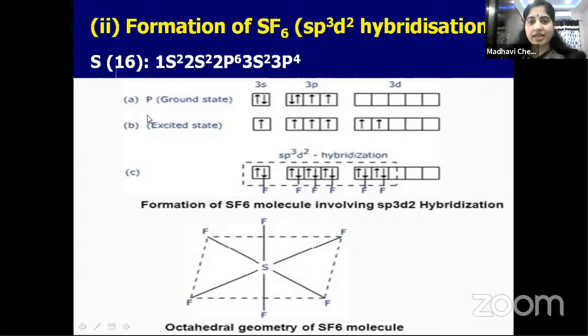Now see here, in the excited state, 3s is having one electron, 3p is having 3 electrons and 3d is having 2 electrons. Now what happens? One s orbital, 3 p orbitals and 2 d orbitals overlap and form sp3d2 hybridization. So they form how many sp3d2 hybrid orbitals? 6 sp3d2 hybrid orbitals. You can see in this figure, children.